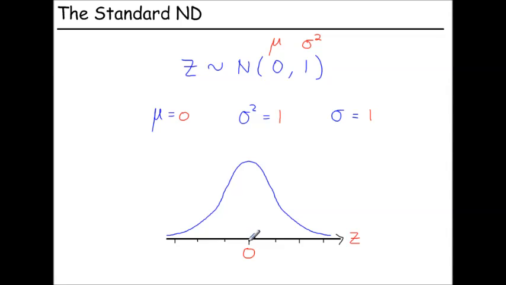From the mean, we go 1 standard deviation on each side, plus 1 and minus 1, plus 2 standard deviations on each side, and from the mean to 3 standard deviations on each side. So these are the z values for our standard normal distribution.